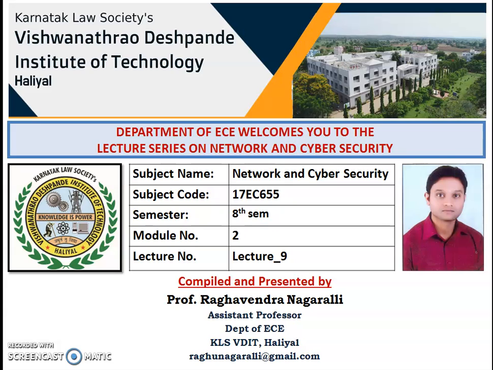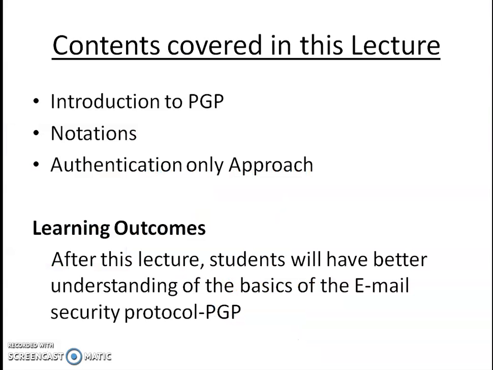So today we are going to discuss email security from module number 2. These are the contents covered in today's lecture. In email security, first the basic security protocol that we are going to discuss is PGP, that is Pretty Good Privacy.